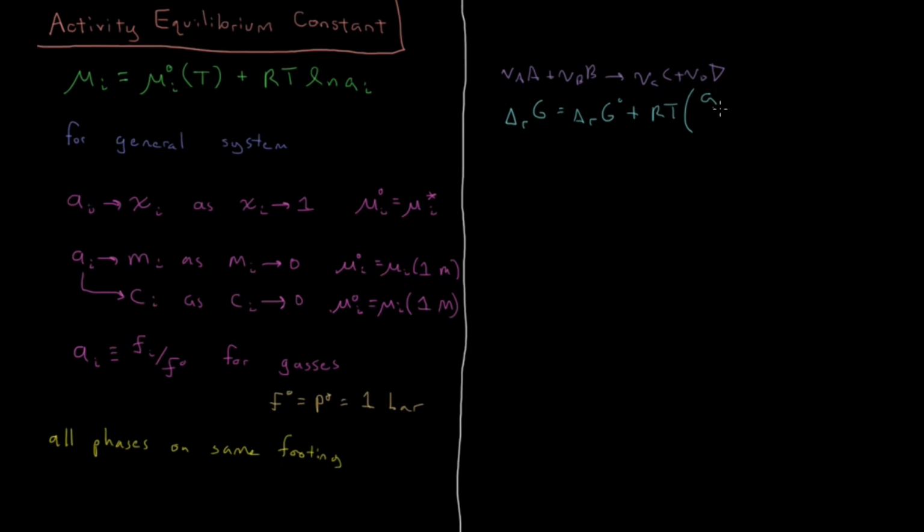And that's going to be the activity of C to the power of its stoichiometric coefficient, nu C, activity of D to the nu D, over activity of A to the nu A, activity of B to the power of nu B. Okay, and this equation for the Gibbs energy of reaction is named after the famous thermodynamicist G.N. Lewis. So this is called the Lewis equation.